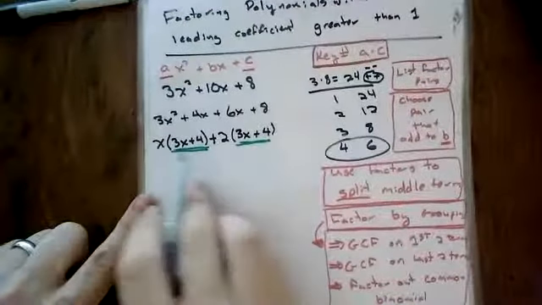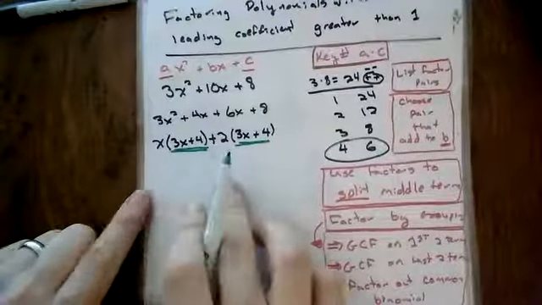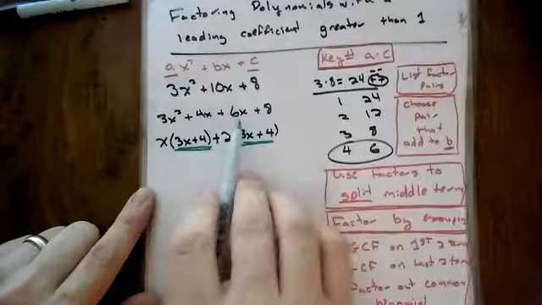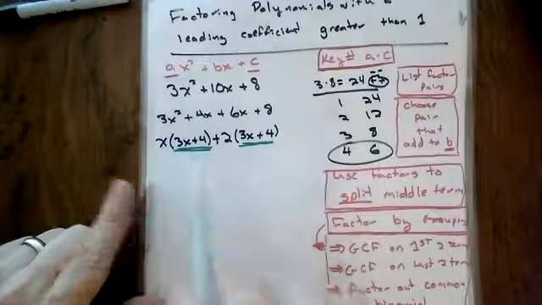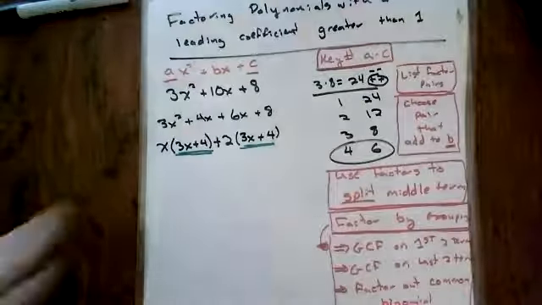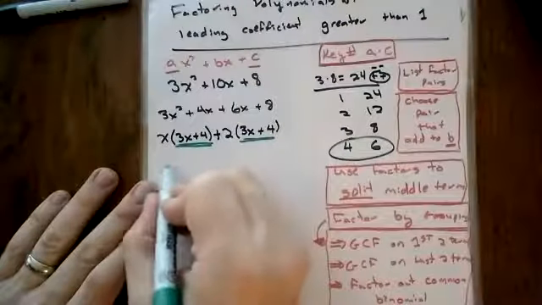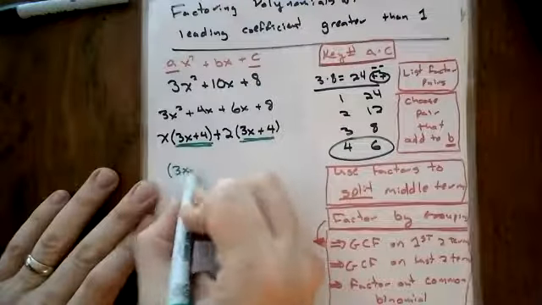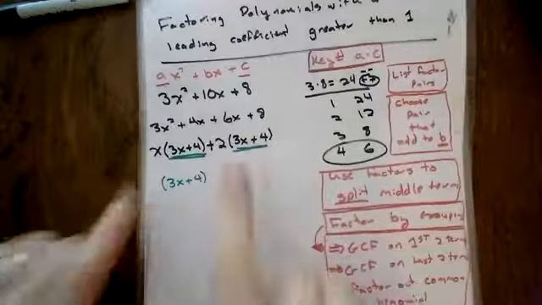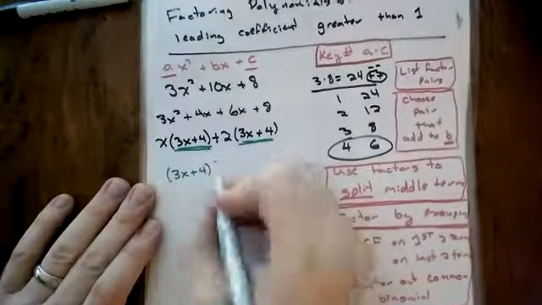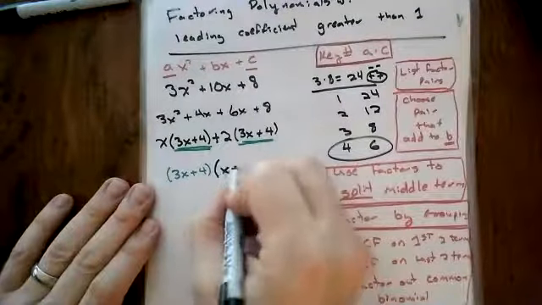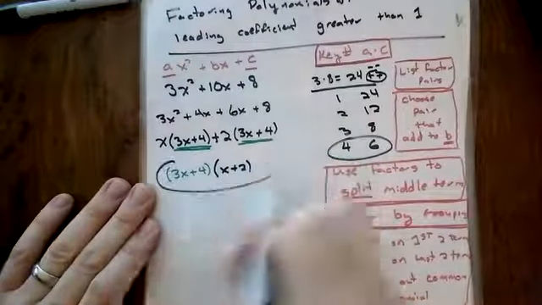A common factor doesn't have to be just a number or a variable. It could be an entire binomial. So what we're doing is factoring out that 3x plus 4 from both of these terms, and we'll be left with x plus 2. And that's our answer. We're done.